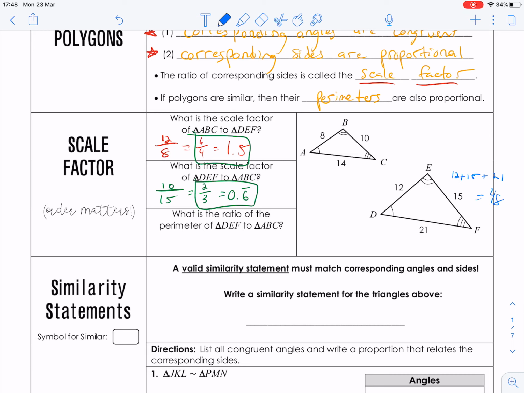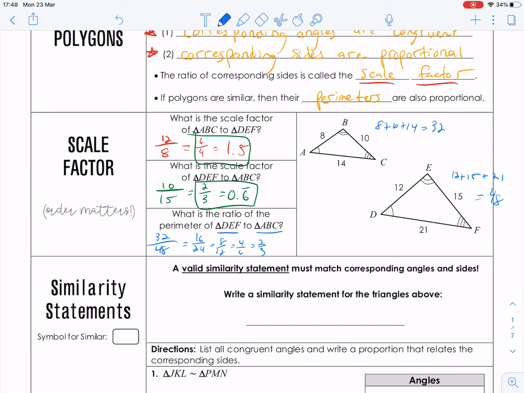And the little triangle is 8 plus 10 plus 14. That is 24, 32. So we get always image over pre-image. So if we're going from the big triangle to the little triangle, it should be getting smaller. So we get 32 over 48. And that's going to be 16 24ths, 8 12ths, 4 6, 2/3.